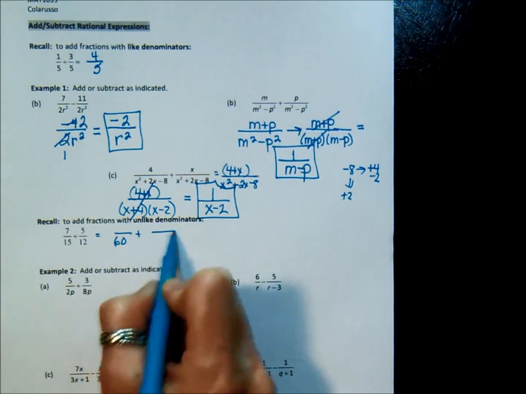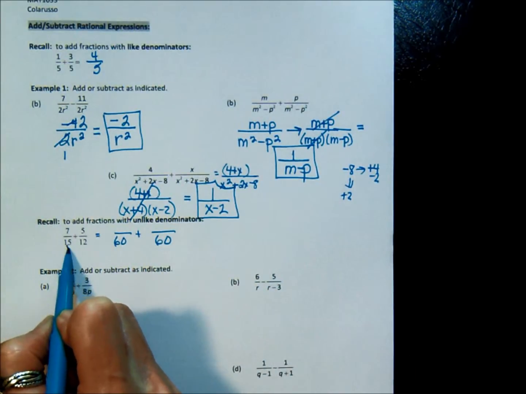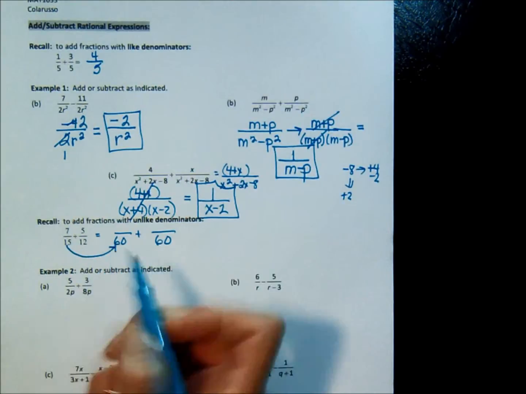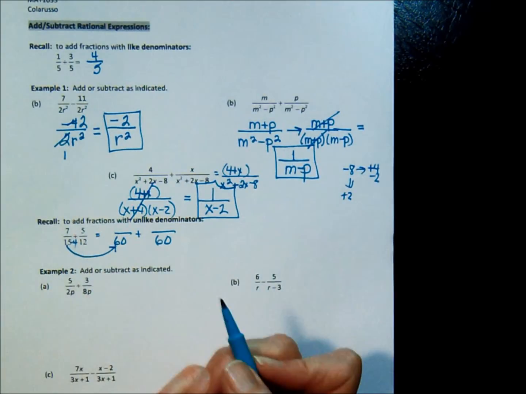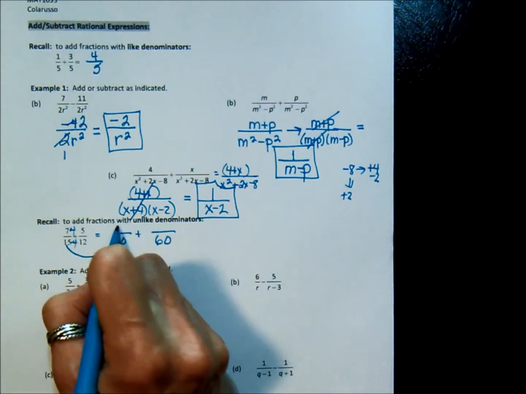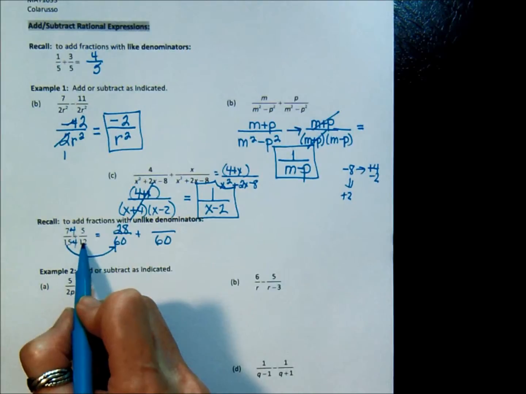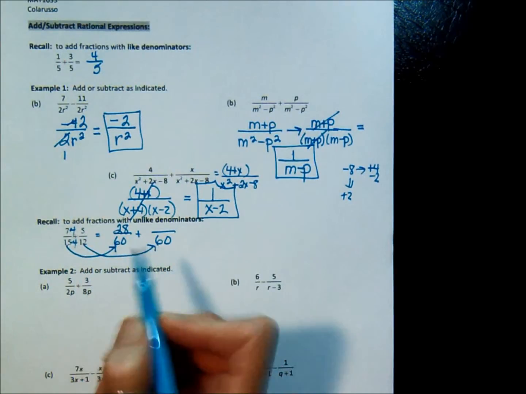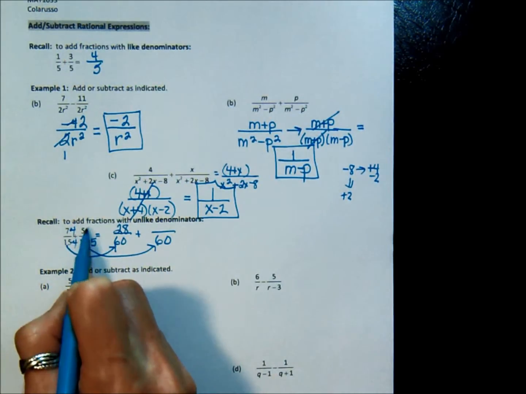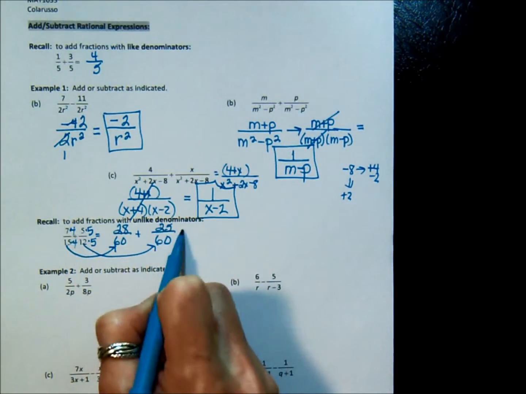So what we have to do is say, what do we do to 15 to get 60? You multiply it by 4, so I have to multiply my numerator by 4 also. What do I do to 12 to get 60? I multiply by 5, so I have to multiply my numerator by 5 also.